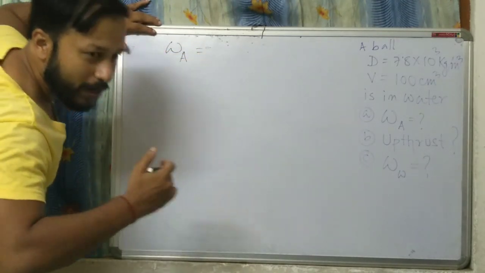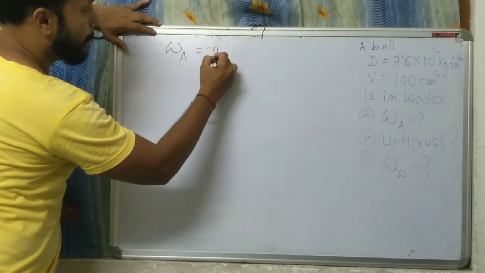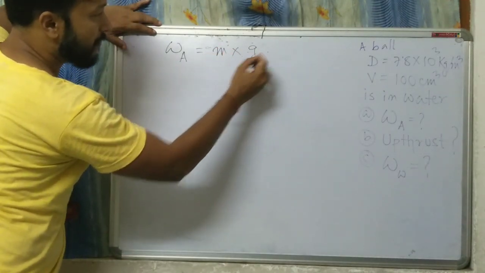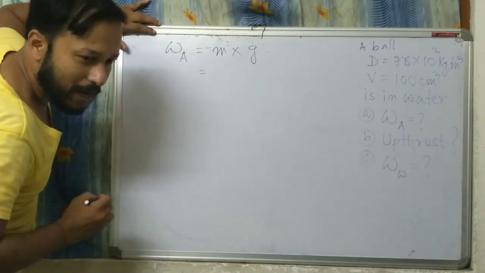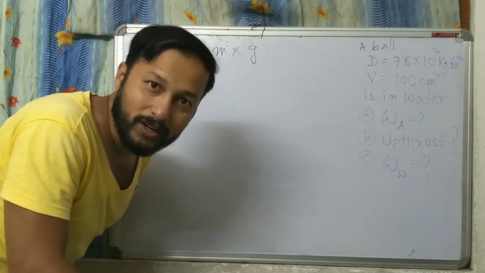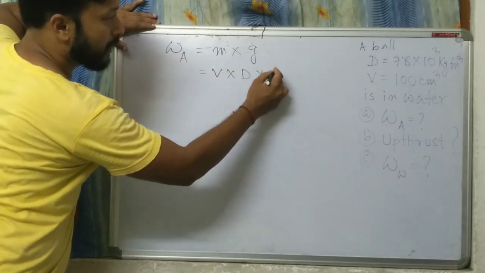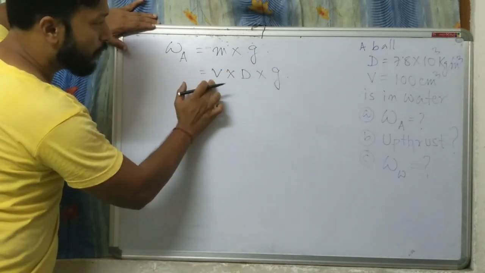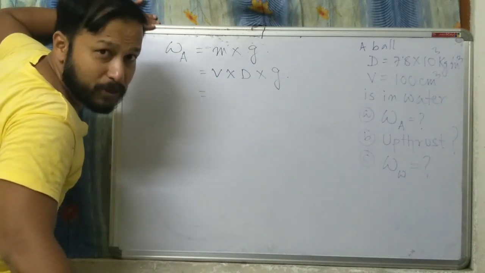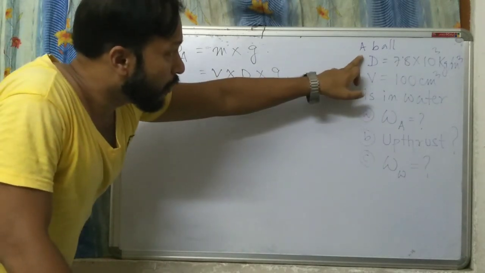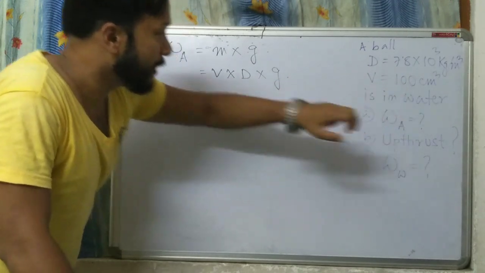What is the weight in air equal to? We know that weight means mass into gravity. What is the mass? Mass means volume into density. So volume into density into gravity. What is the volume of the ball? The volume is 100 centimeter cube.